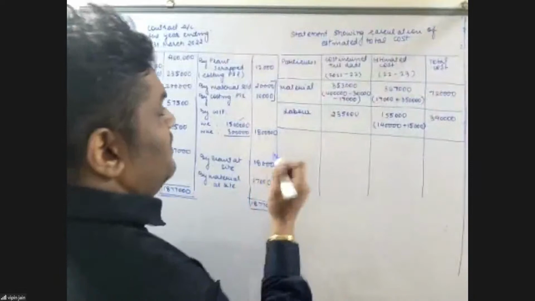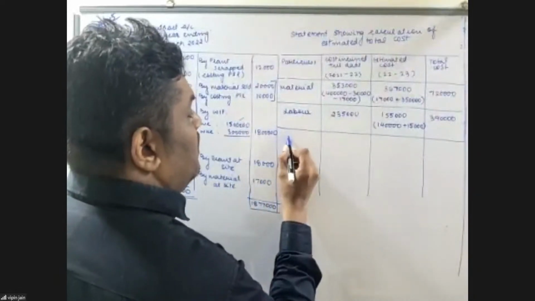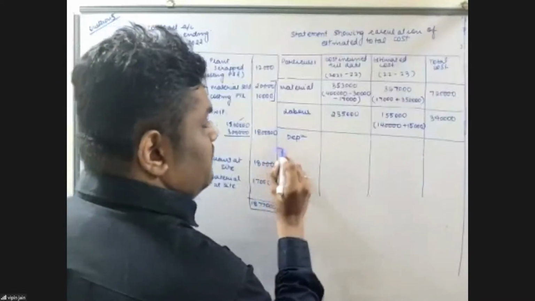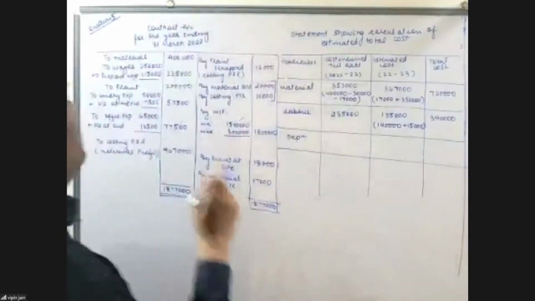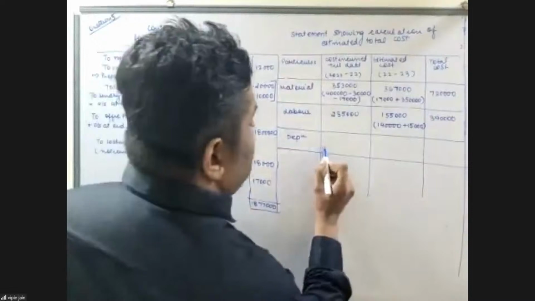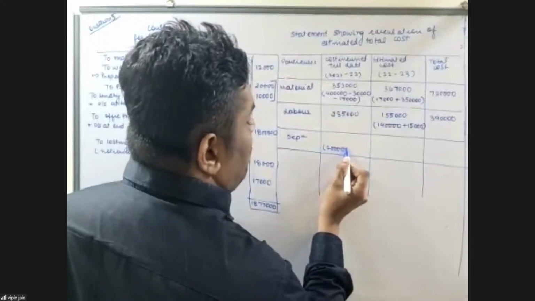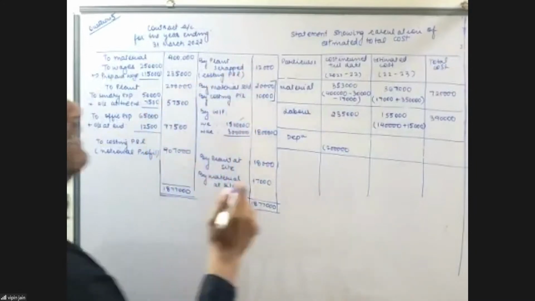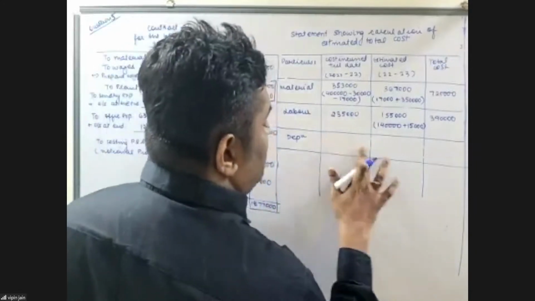Now the next is depreciation, wherein the plant sent to site is 2 lakh. Of this, 12,000 rupees plant was scrapped.